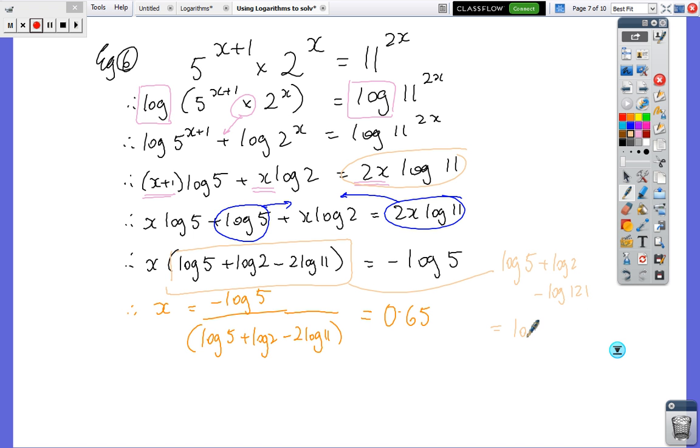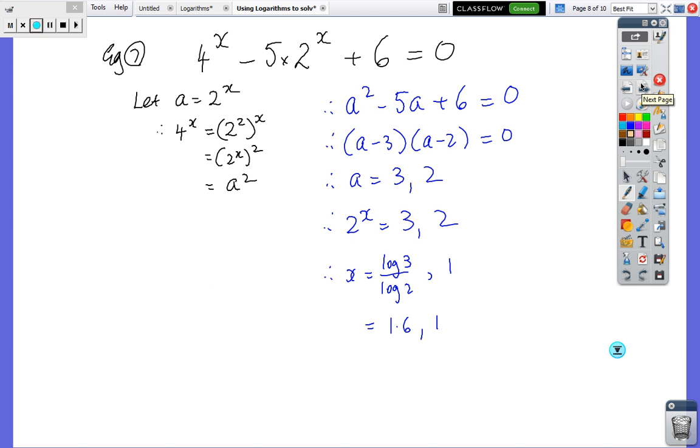So strictly speaking, 5 times 2 is 10, so that number is what you would divide by, but I wouldn't bother. Just put it in brackets and just use your log button on your calculator. But if you wanted to, you could simplify that to a single log answer.